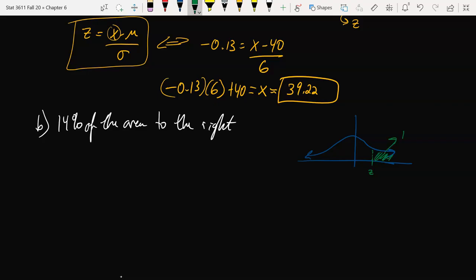That's going to be 14%. That means the area to the left would be all of this area right here. What's the opposite there? 1 minus 14. That area would be 86%, right? 86% of the area to the left.